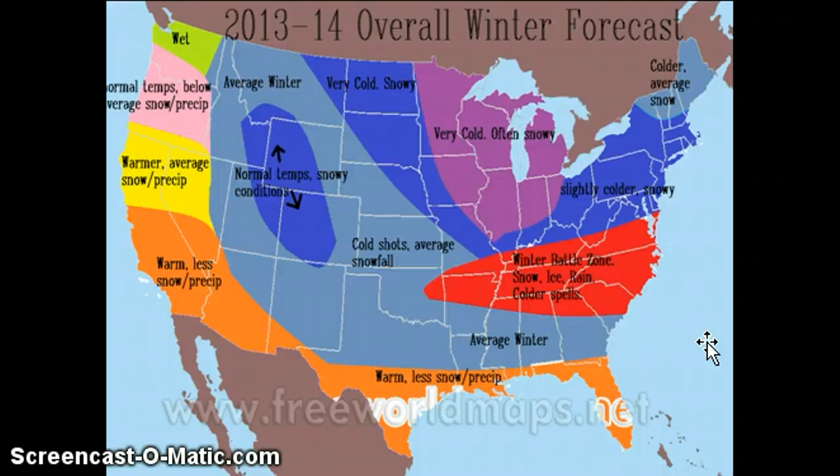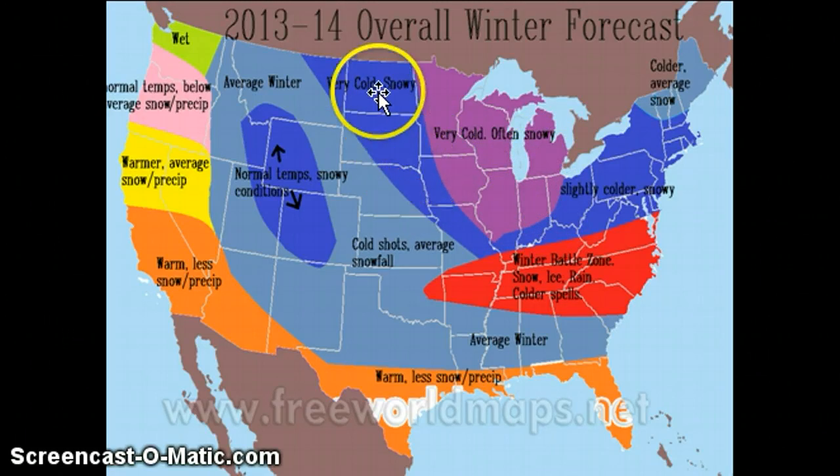So a lot of sloppy storms with colder spells in the mix. And then the Midwest Great Lakes region will be very cold and often snowy, with much above average snowfall. So people in Chicago, Indiana, Michigan, this is going to be your winter, I believe.